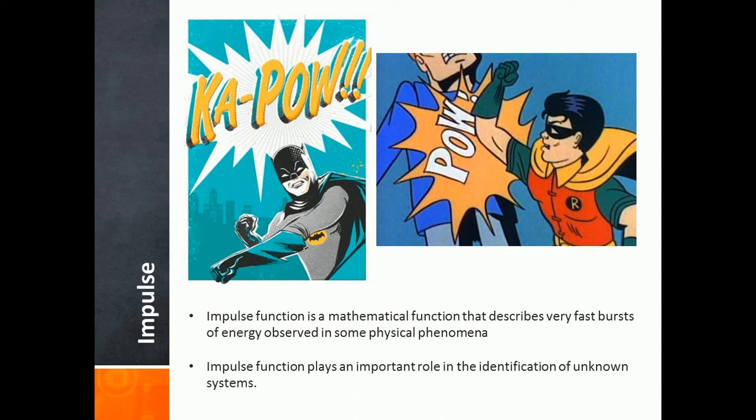For instance, in these two pictures, Batman is punching and there's a loud kapow, and here Robin punches and there's a pow shown on the image. This is an excellent example of an impulse: a very fast burst of energy observed in a very small amount of time. And that's what an impulse is.